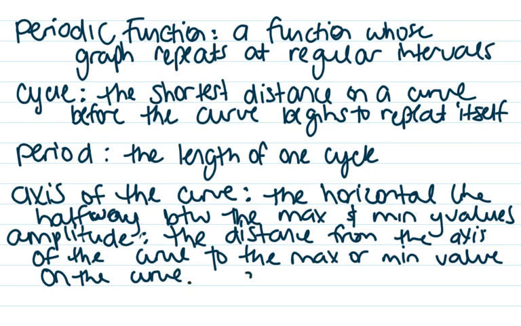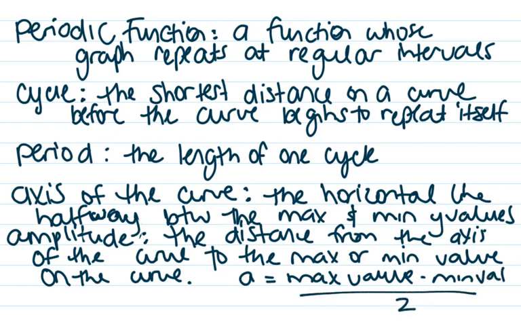So A for amplitude equals the max value minus the min value divided by 2, and that will be the amplitude.